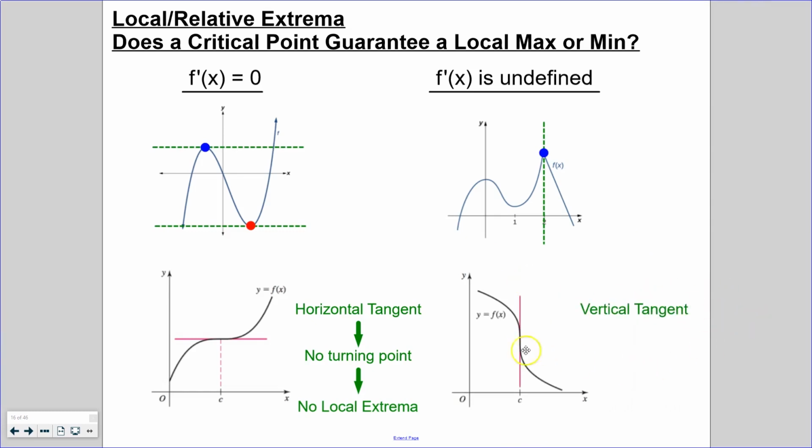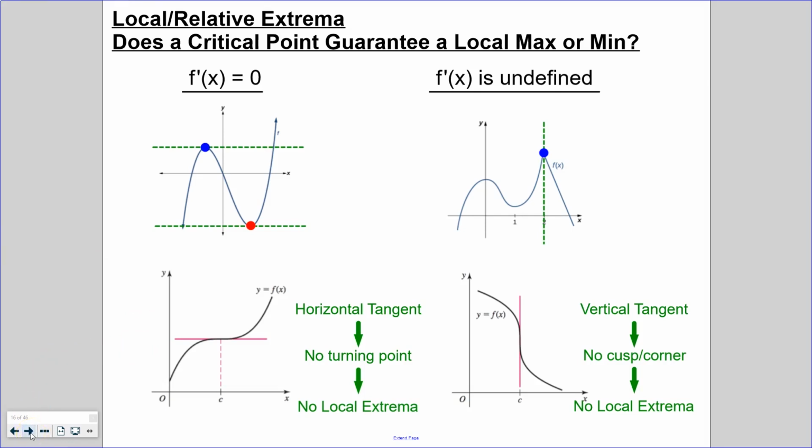And unfortunately, at this vertical tangent line, there is no corner or cusp, which sadly means there are no local extrema. Alright, so that's the reason why we say critical points can be local maxes and mins, but they are not guaranteed to be local maxes and mins.